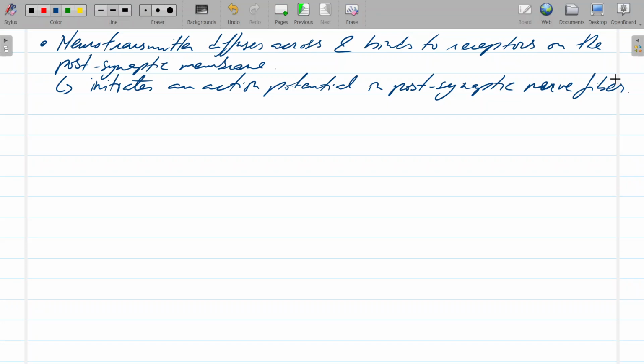Now, I said that it initiates an action potential. That is the case, right? So the sodium ion channels will open and sodium will move in, and so on.